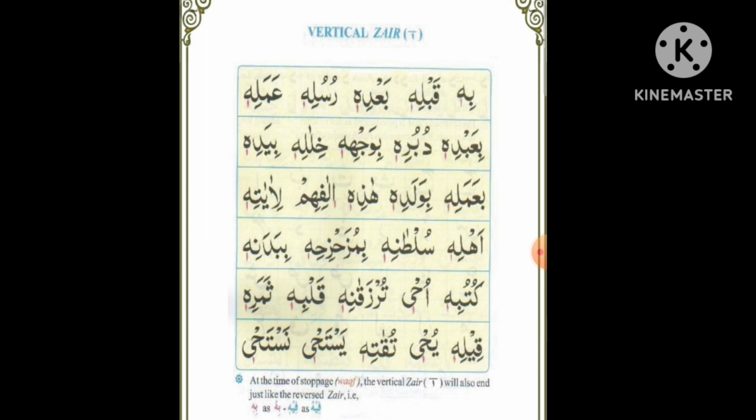Bihi. Then you have qaf, ba zabar qab, lam zair li, qabli, ha vertical zair hi, qablihi, ba ain zabar ba, dal zair di, ba'di, ha vertical zair hi, ba'dihi, ra pesh ru, sin pesh su, rusu, lam zair li, rusuli, ha vertical zair hi, rusulihi, ain zabar a, mim zabar ma, ama, lam zair li, amali, ha vertical zair hi, amalihi.